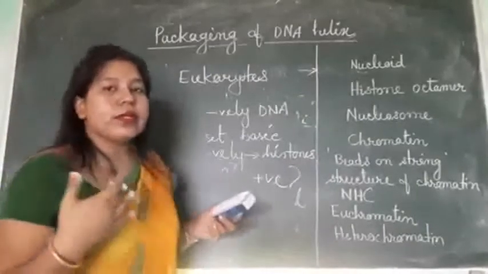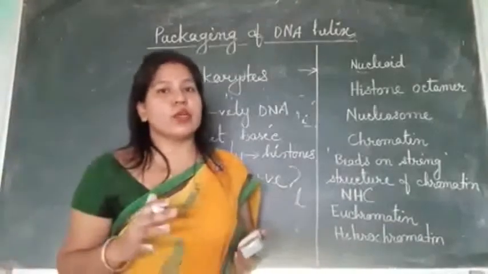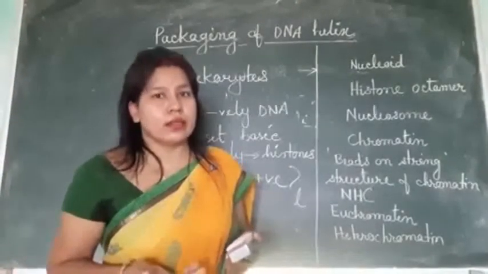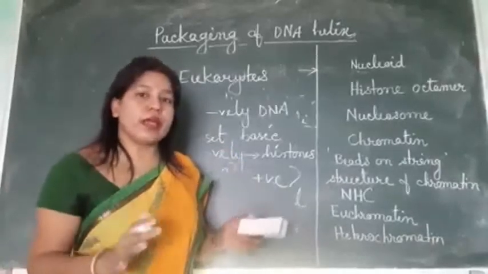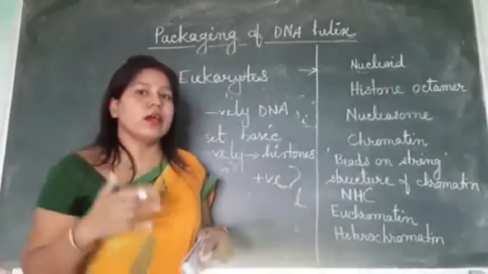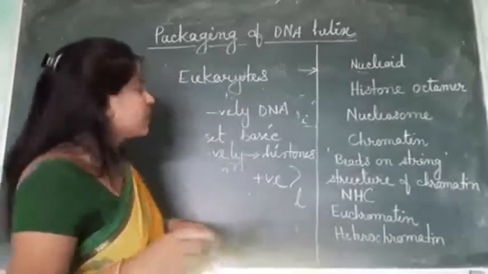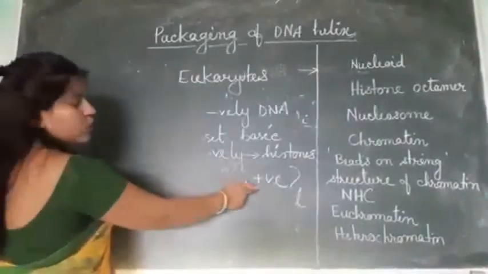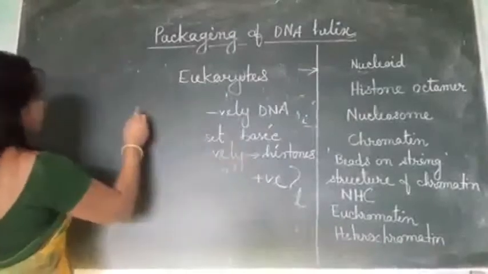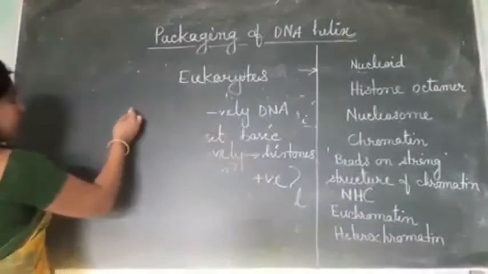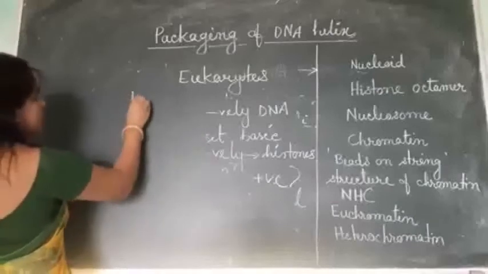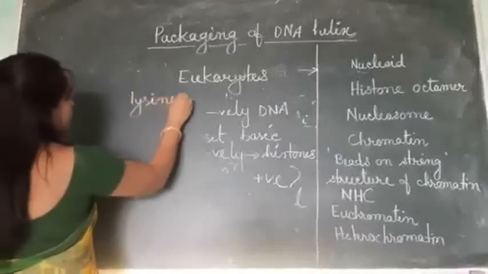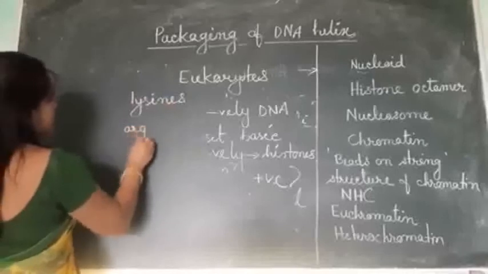A protein acquires its charge depending upon the abundance of amino acids with their side chains. For example, the charge of histone is positive, and the histone protein is rich in 2 basic amino acids. Remember this thing: lysines and arginines.